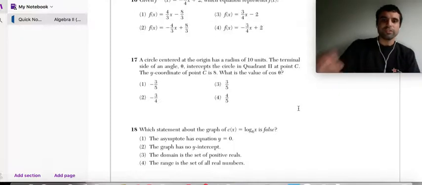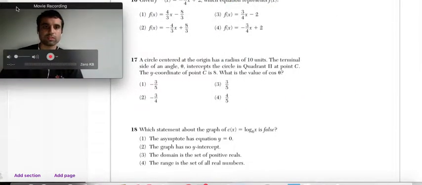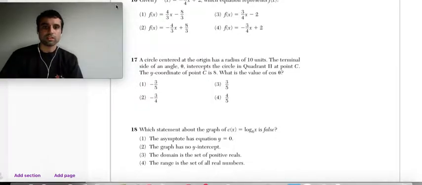Okay, so number 17: a circle centered at the origin, which is the point (0, 0), has a radius of 10 units. The terminal side of an angle theta intercepts the circle in quadrant 2 at point C. Let's actually draw a little diagram of that.